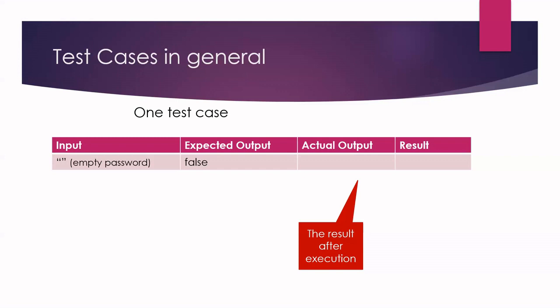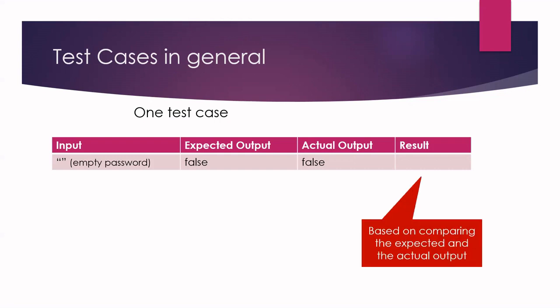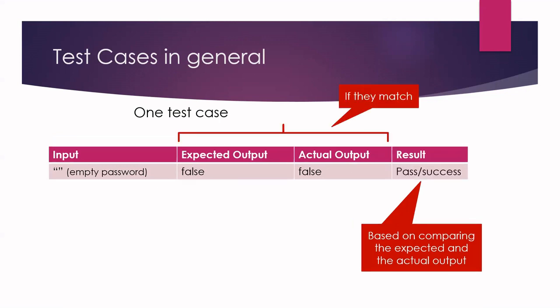That's what we expect; the expected output is false. The actual output is the result after execution. The result of the test case is either pass or fail. If they match, then it's a pass or success.